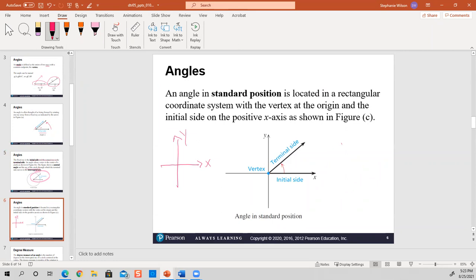Our origin is the ordered pair (0, 0), and the initial side is on the positive x-axis, as shown. Remember last week we talked about this. In this section here, called quadrant 1, we know that our x is positive and our y is positive. And this is what it's telling us: the initial side is on the positive x-axis.